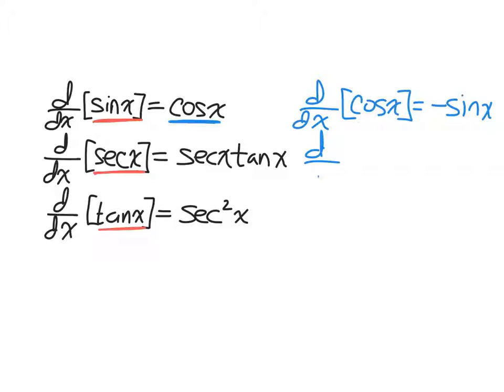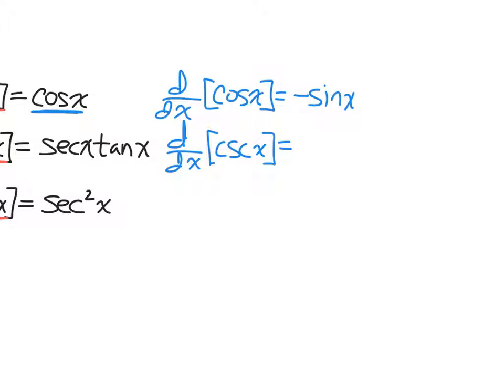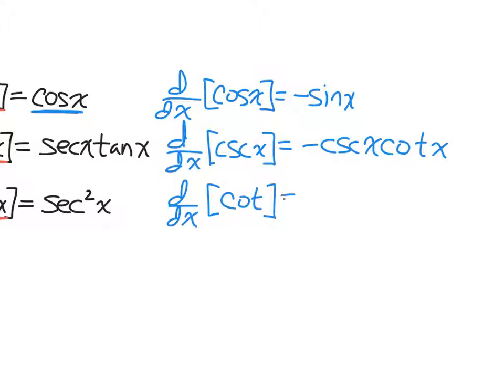The derivative d/dx of cosecant x, the negative cofunction of secant tangent, so negative cosecant x cotangent x. Derivative of cotangent would be the negative cofunction of the derivative of tangent, which would be negative cosecant squared x.